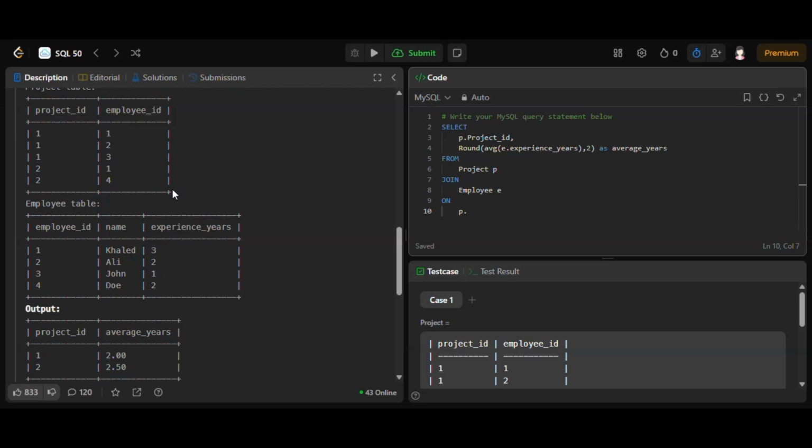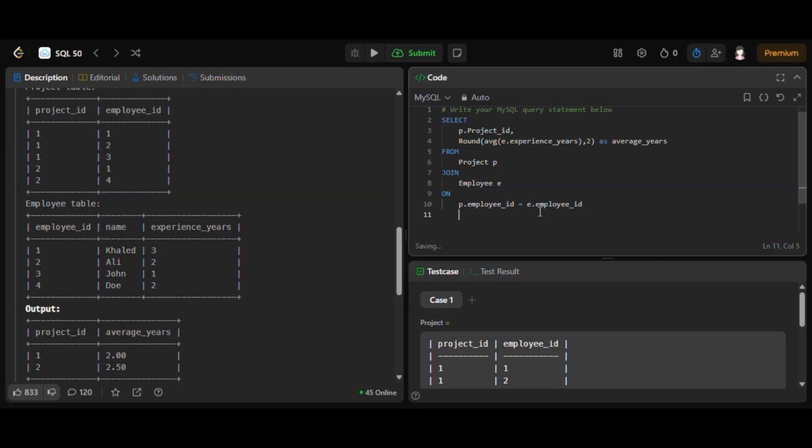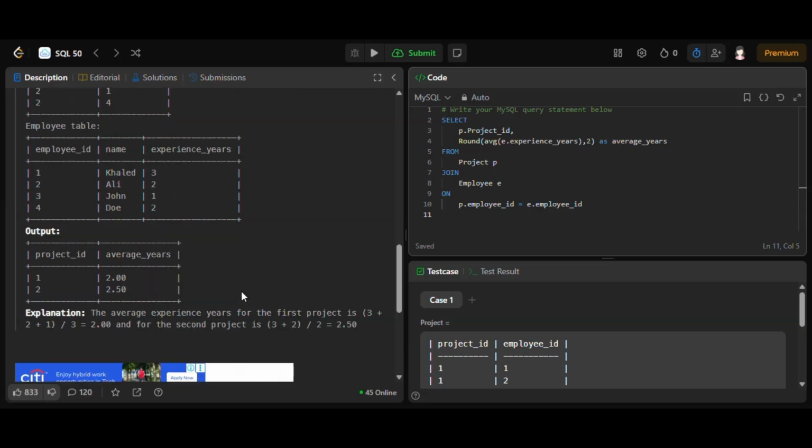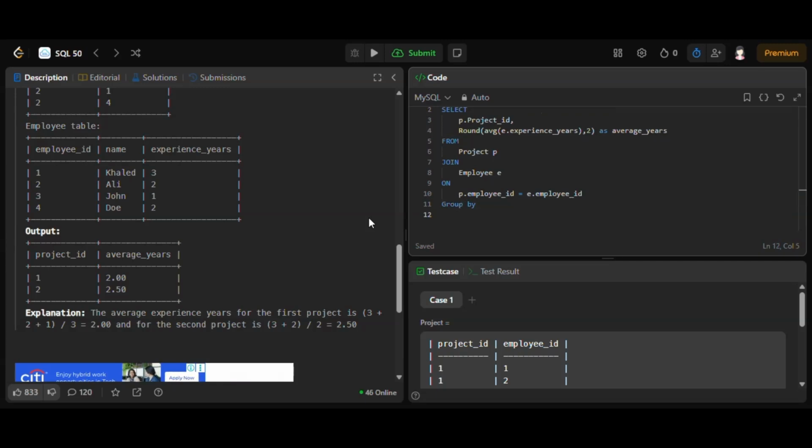So p.employee_id equal to e.employee_id. Okay, and we are going to group this by the project ID. So group by project_id, from the project table.